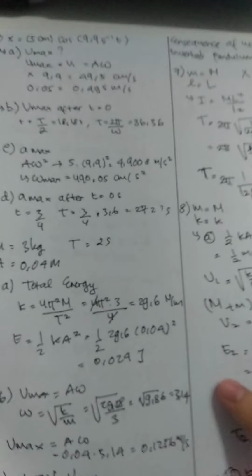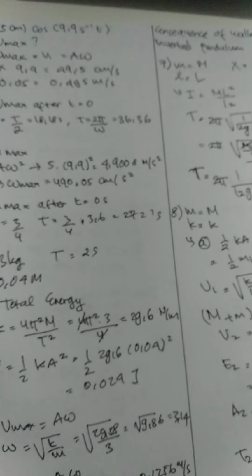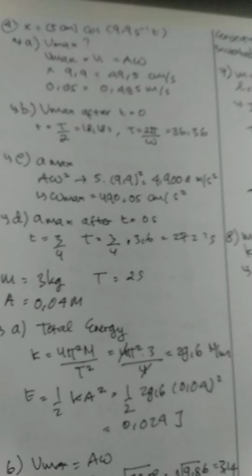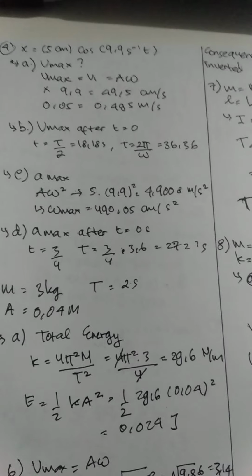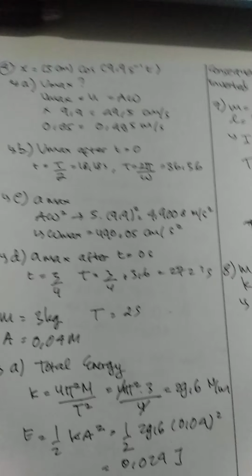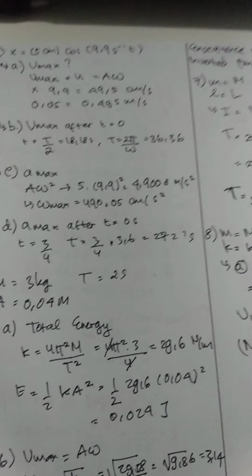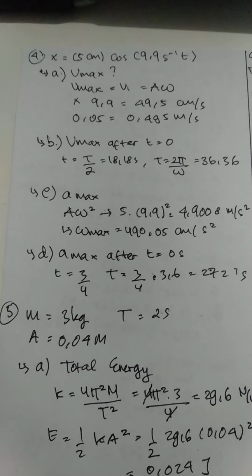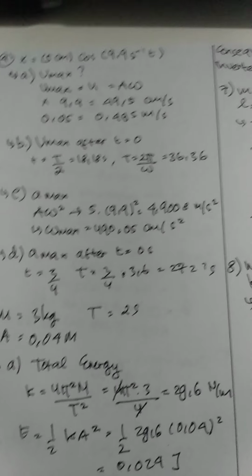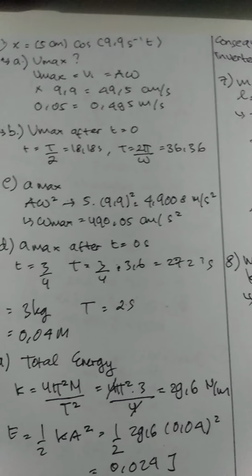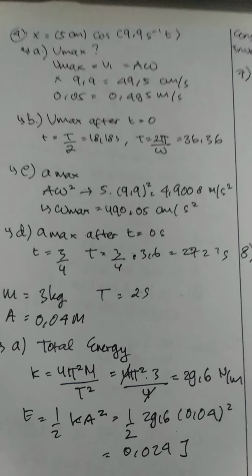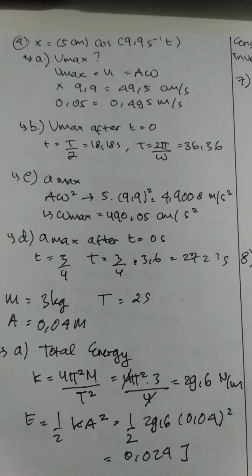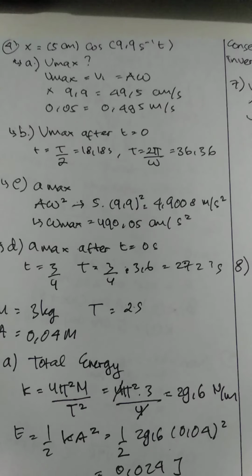The next number is number 4. Consider what is the maximum speed of the object. Vmax: x equals 5 cm cos of 9.90 t. Vmax equals amplitude times omega. So we got the result 0.495 meter per second.